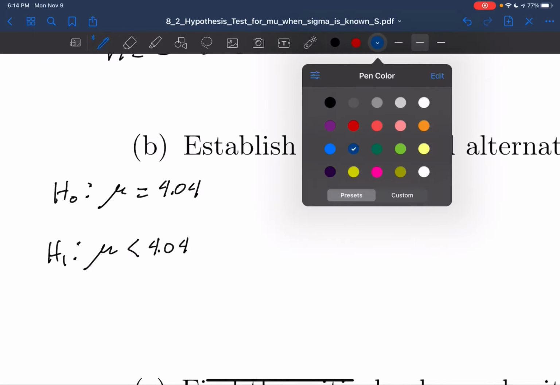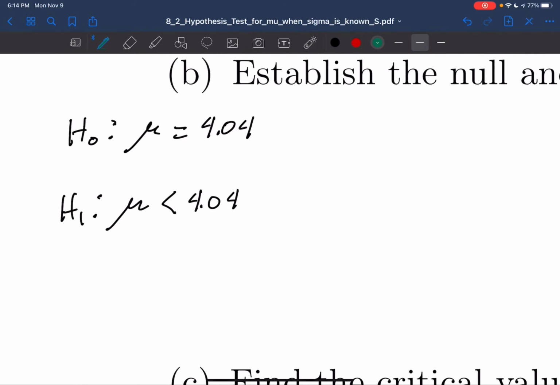And let me just write this in green. Since this is less than, what test are we dealing with? A left tail, right tail, or two-tail test? The way I like to think about it is that this kind of looks like an arrow pointing to the left. So this gives you an idea, oh, we're dealing with a left tail test.